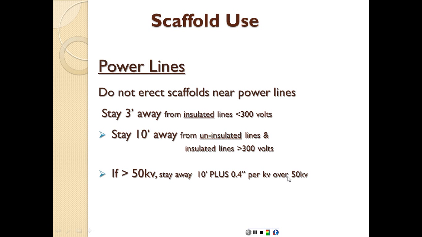So for example, if it's 55 kilovolts, then it's going to be 5 times 0.4 inches. That's a total of an additional 2 inches plus the 10 feet. The increment is very small, but again, at least we are keeping the 10 feet safe distance.